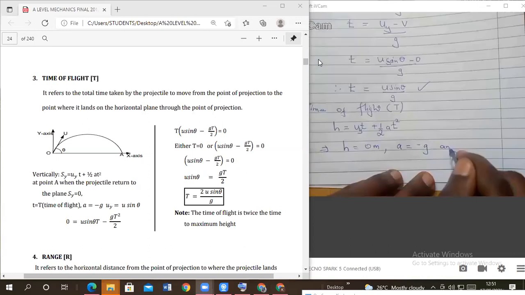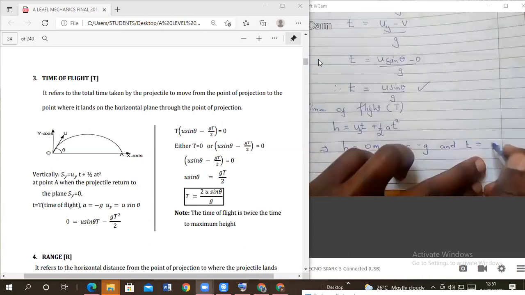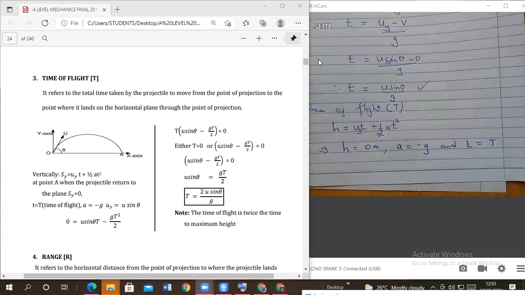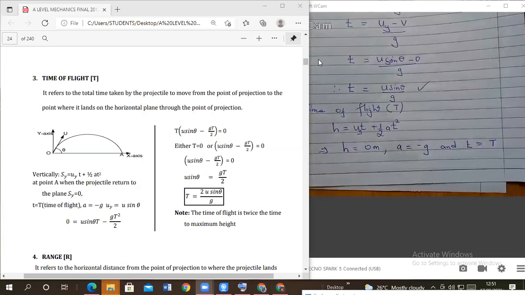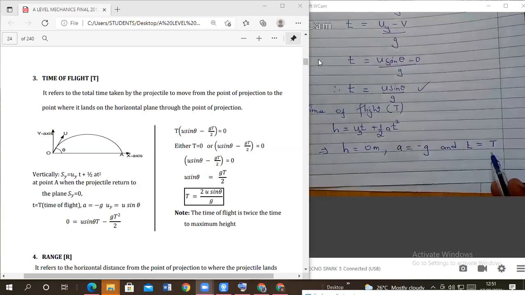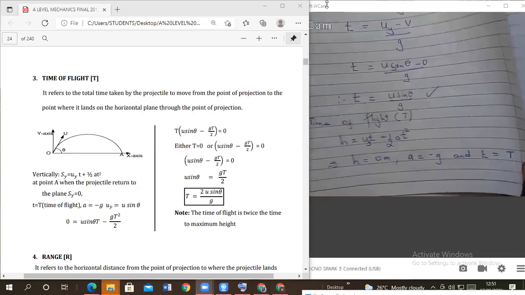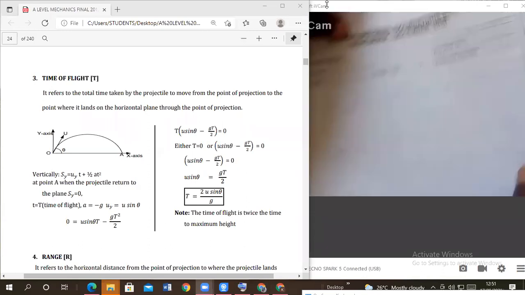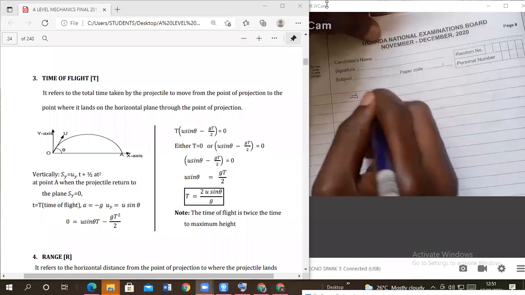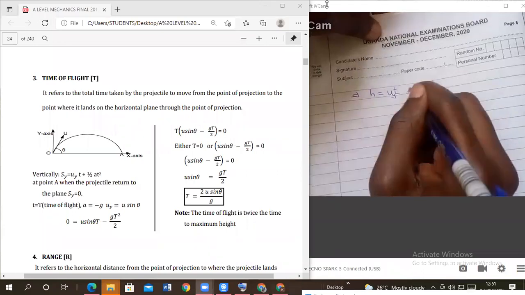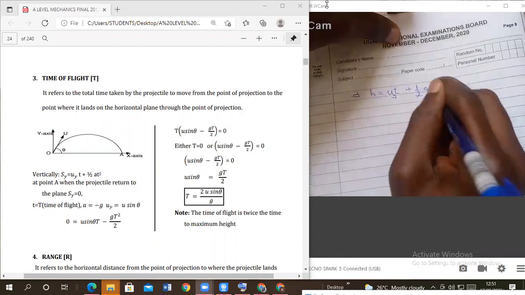And the time t will be equals to capital T, which is the time of flight. Okay? Are we together? Members, are we together?